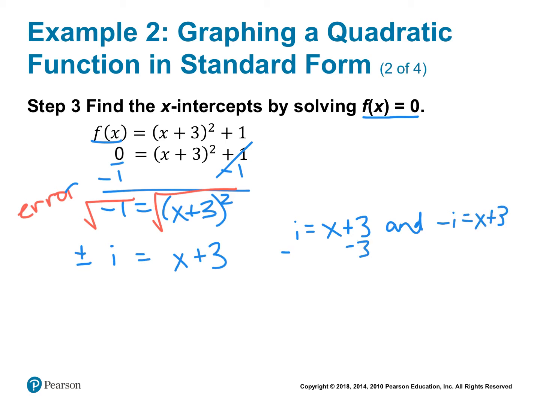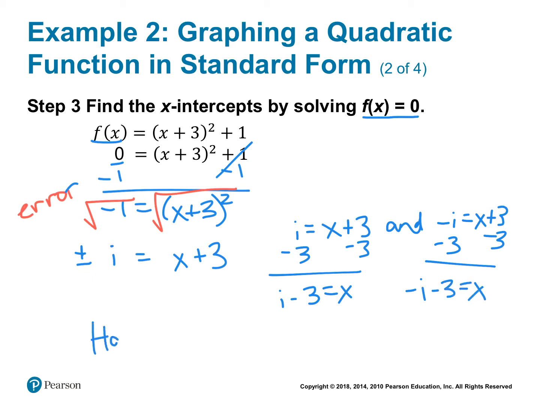Minus the 3, so I get the imaginary number minus 3 equals x, or a negative imaginary number minus 3 equals x. What you're going to see is it has no real solutions. We could get into the imaginary number system, but we're not going to need to go there for this lesson.